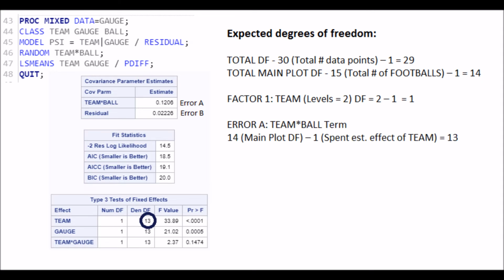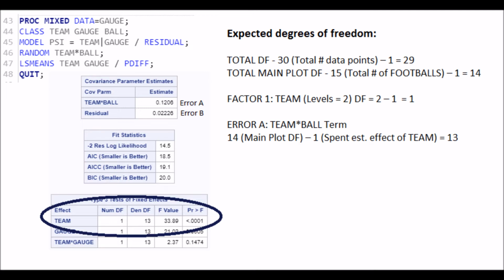Therefore, there are 13 degrees of freedom left to estimate error A, the error term for the main plots. Based on this information, we know that the numerator degrees of freedom for team should equal 1, and the denominator degrees of freedom for the F-test for the effect of team, which is the ratio of the mean squares of team over error A, should equal 13.